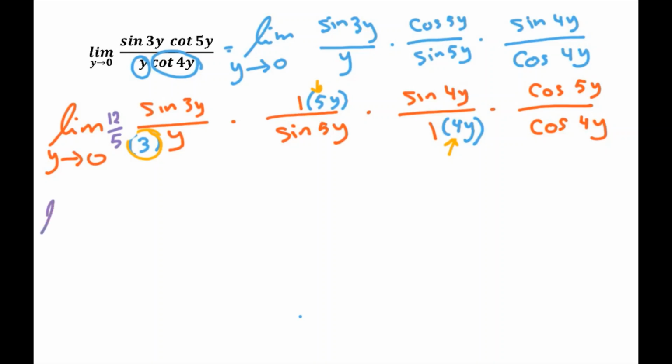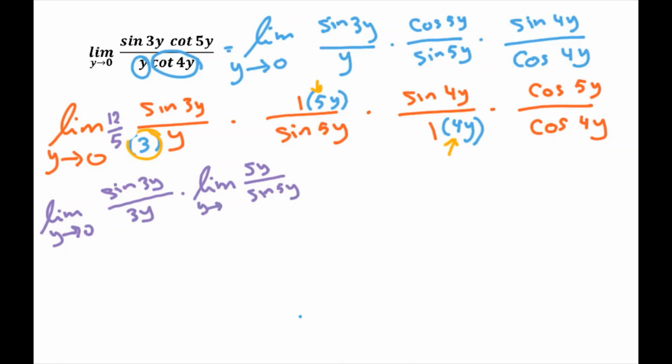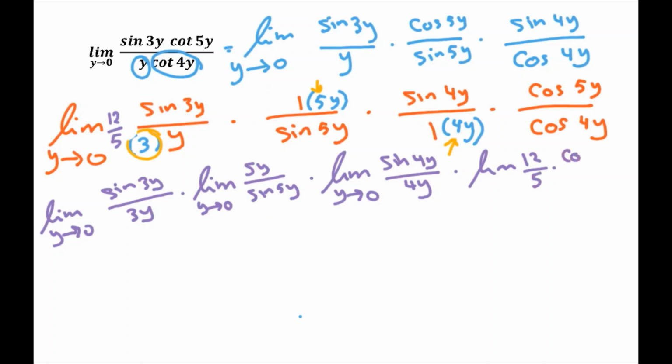The limit as y approaches 0 of sine 3y over 3y, multiplied by the limit of 5y over sine 5y, as y approaches 0, multiplied by the limit of sine 4y over 4y as y approaches 0, multiplied by the limit of 12 over 5 times cosine 5y over cosine 4y as y approaches 0.